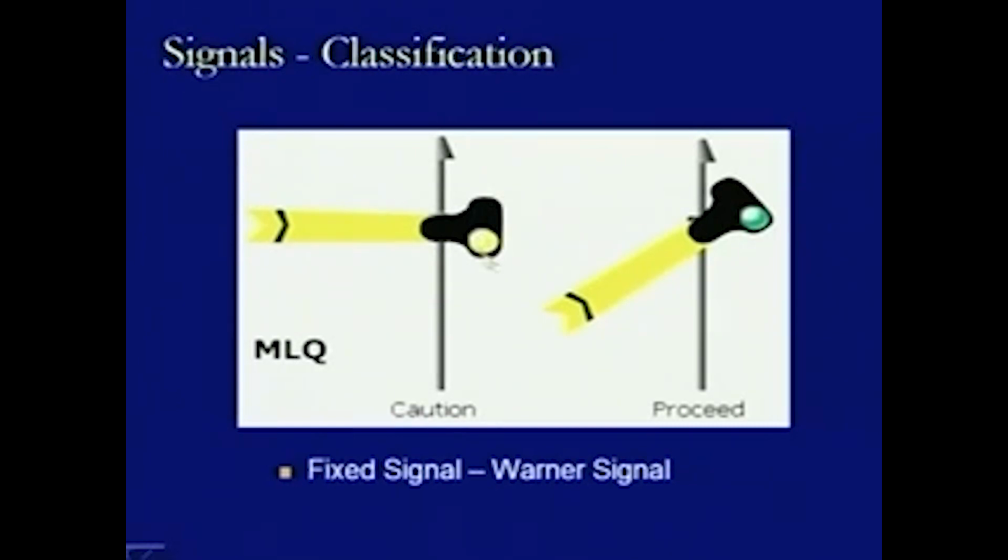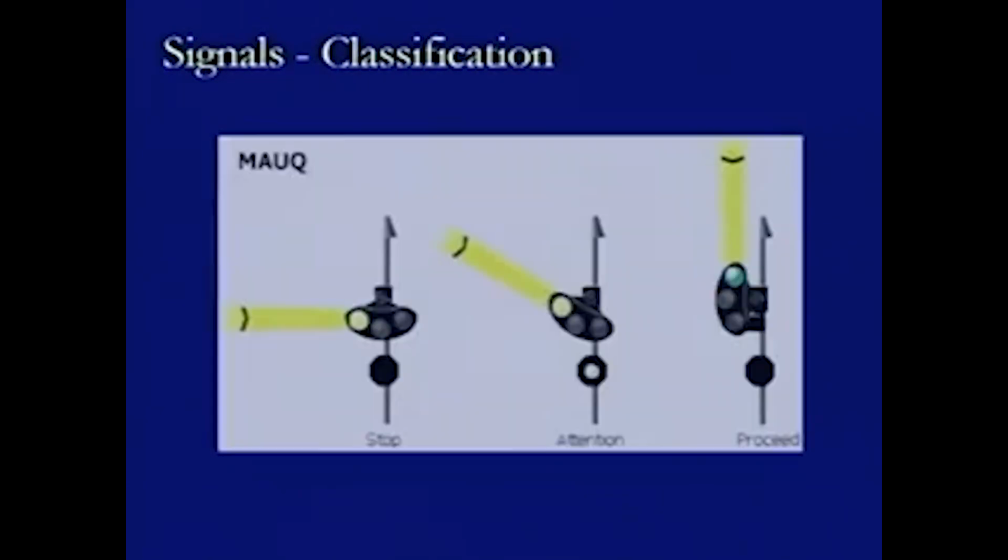One glass is yellow and the other glass is green, and depending on its movement, these glasses move with respect to the lamp, and we will have the indication either yellow or green, defining caution or proceed respectively. So, that is how these multicolor conditions or lower quadrant signals work.